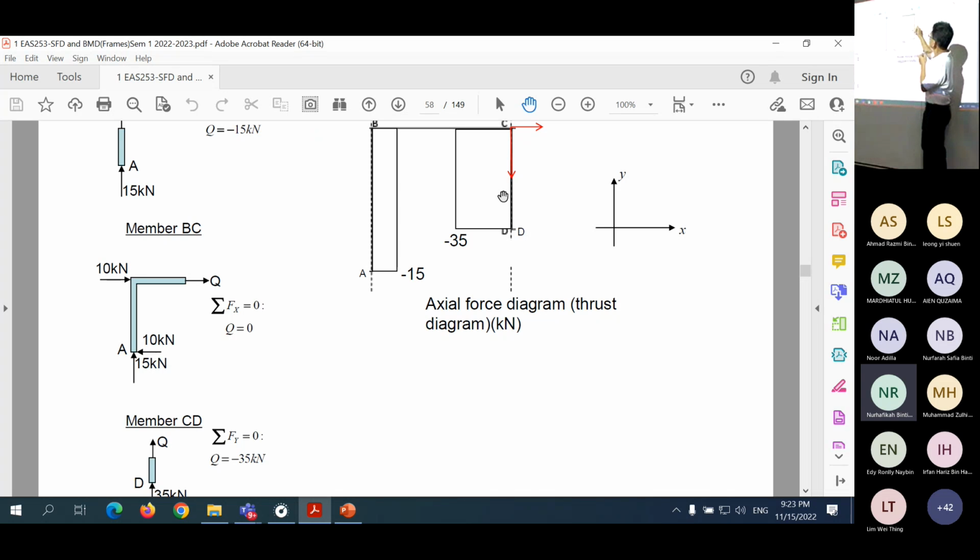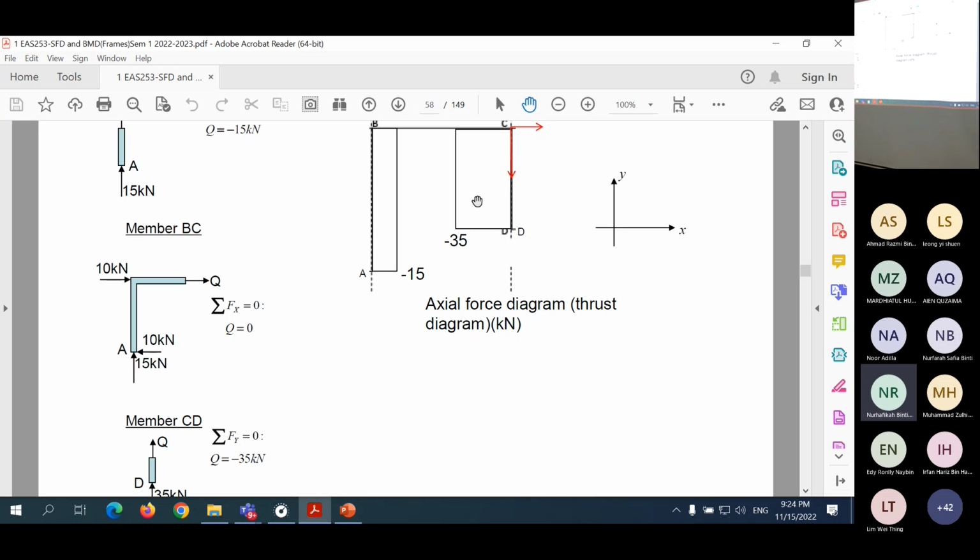From here, you make use of the equilibrium equation in the Y direction, and you get Q is equal to negative 35, meaning that it is also in compression. We assumed tension, but the actual force in that member is in compression.